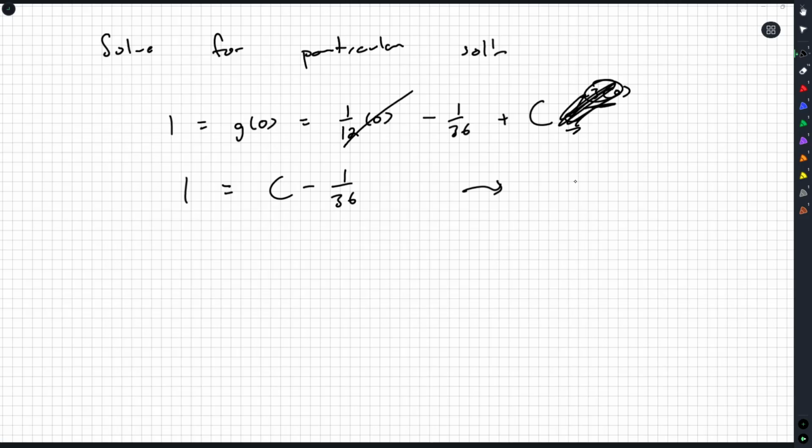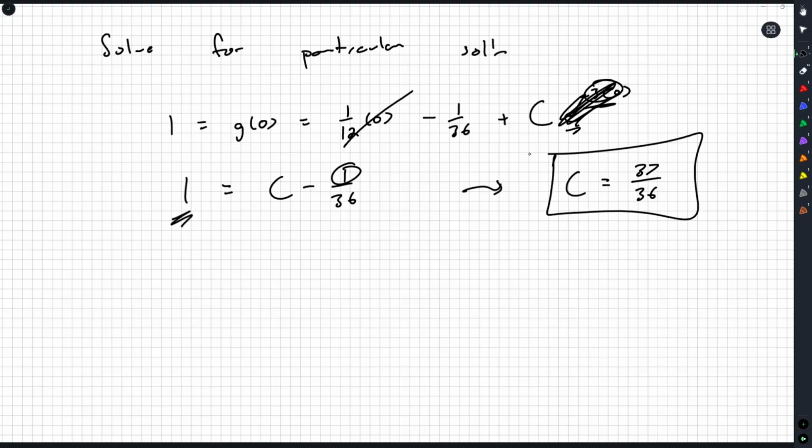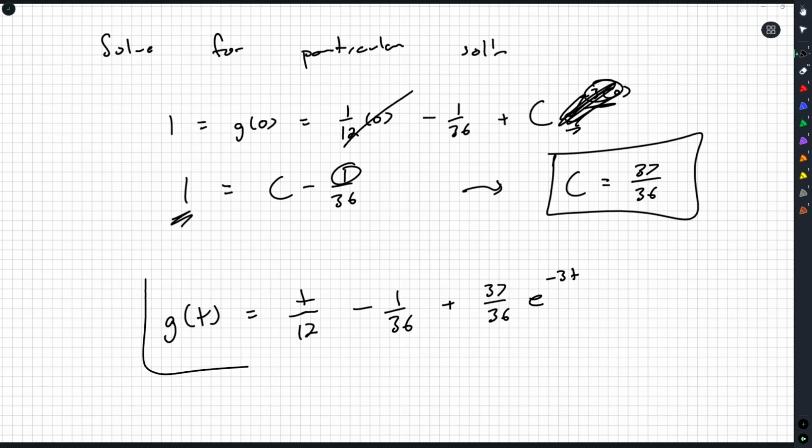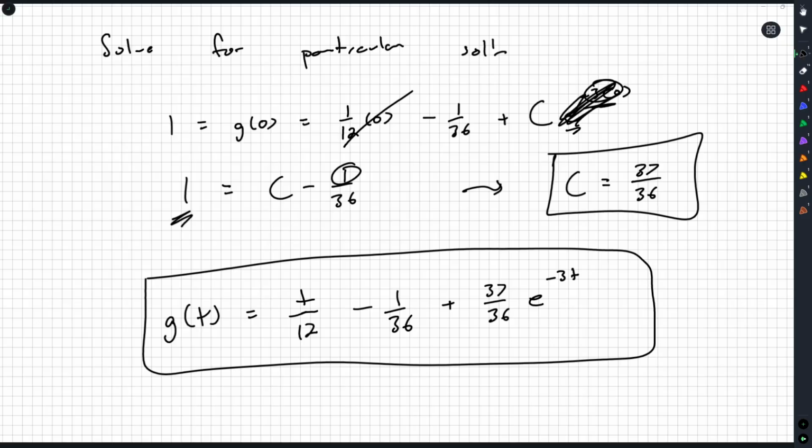So just quickly rearranging, c has got to be 37/36, because then if I take 1/36 away, I'll have 36/36, which is just a really fancy way of writing 1. So now we've got our constant. We have the particular solution we want. 1/12 of t minus 1/36 plus 37/36 e to the minus 3t. That is the unique function that solves this linear differential equation and also satisfies g at 0 is equal to 1.